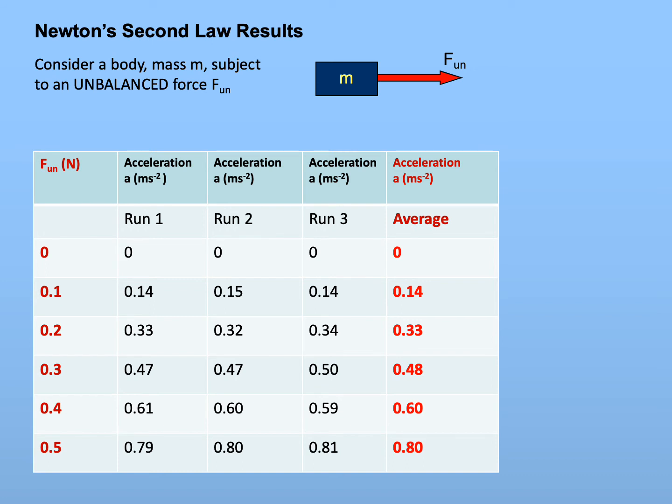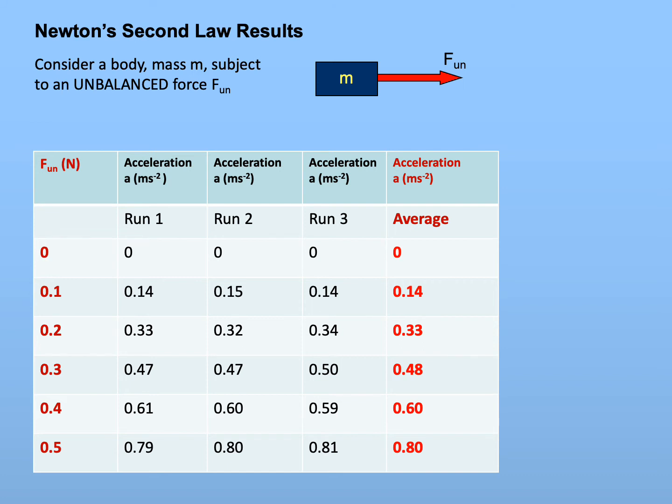As you can see, we've increased the unbalanced force from 0 up to 0.5 newtons in 0.1 newton increments. And for each given unbalanced force, we've repeated the measurement 3 times and taken an average acceleration.